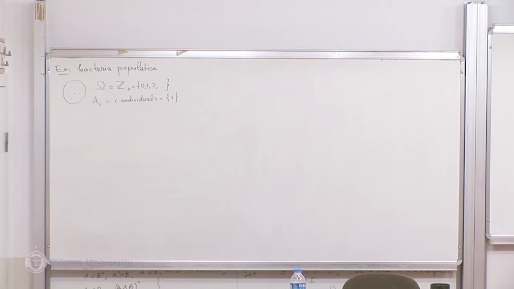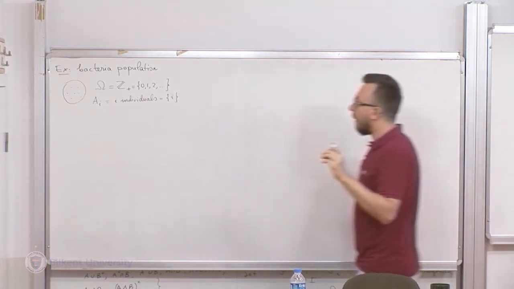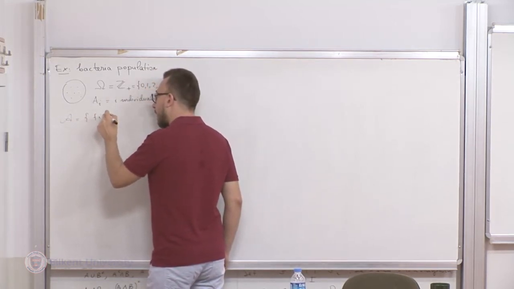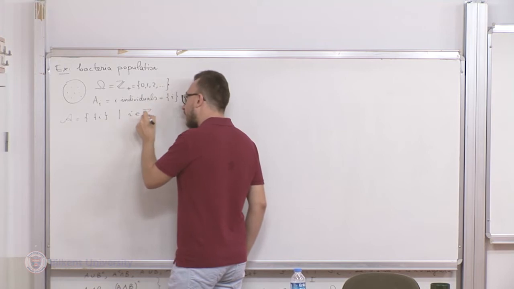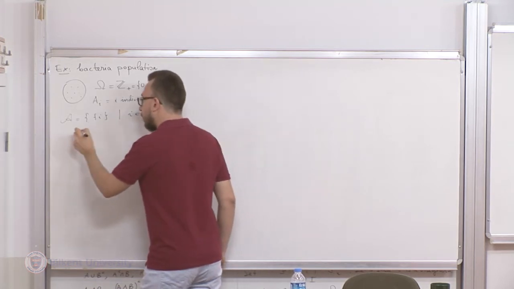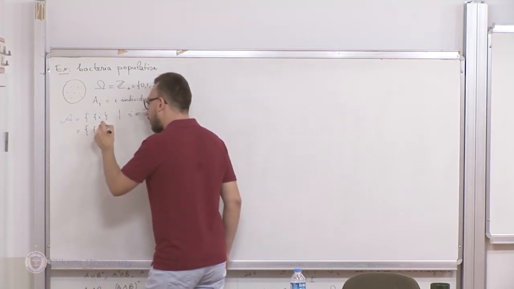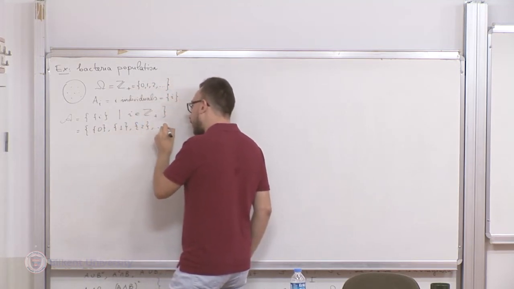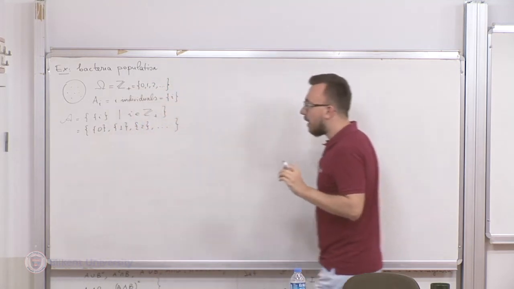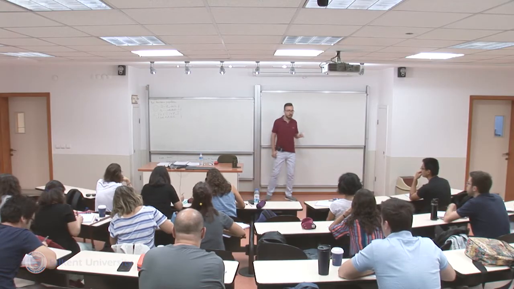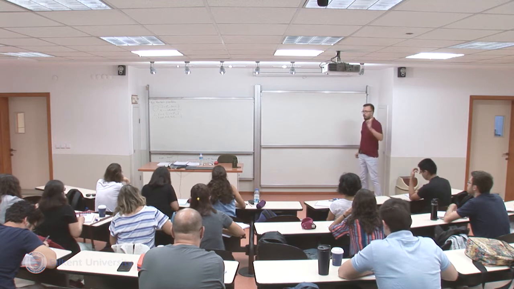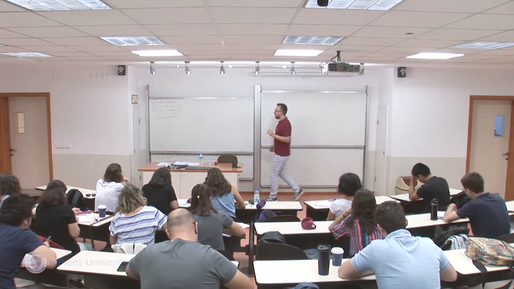So if these are the interesting events for you, in other words, if you collect them in a collection like this, so this is your collection of questions, always be careful about those brackets. What is a set? What is a collection of sets? What is a point? Always be careful about these.